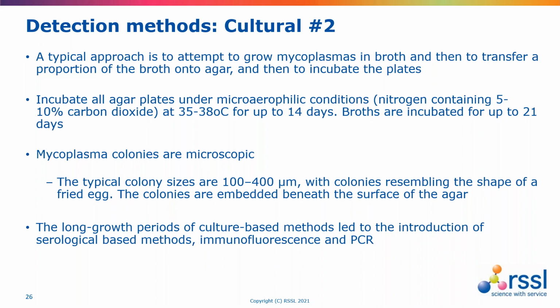And to achieve growth, the typical atmospheric conditions are what's referred to as microaerophilic. So that's largely nitrogen with up to 10% carbon dioxide. And the optimal incubation temperature is 35 to 38 degrees Celsius. And the incubation time is between 14 and 21 days.